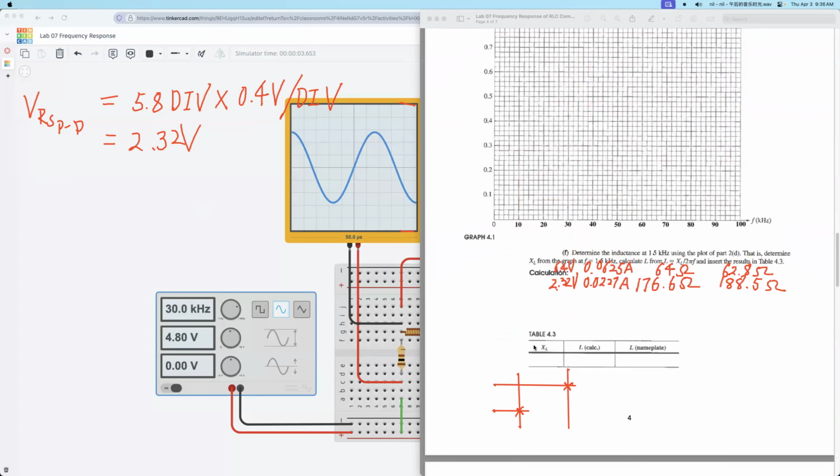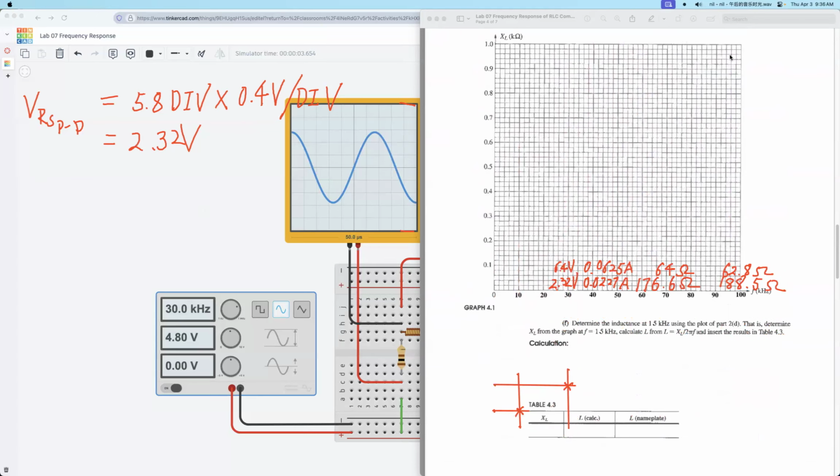Then the last one, after you get this line, you need to get 15 kilohertz. Then use this plot, this figure. We need to get XL when the frequency is 15 kilohertz. So go to this figure. This is the 15. Draw a vertical line until you reach that line. Then go to your left until you reach the XL. So you will get the value of the XL, right?